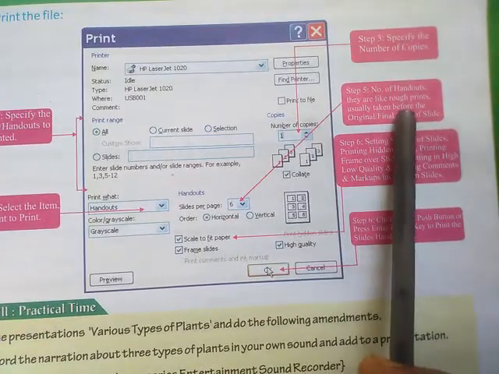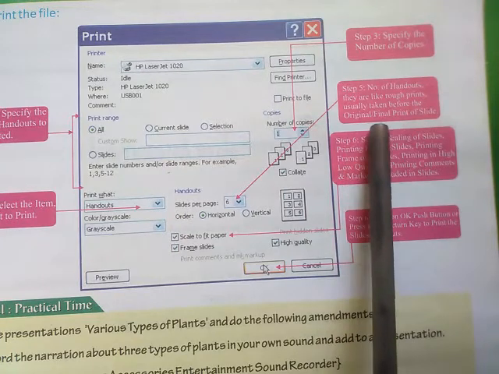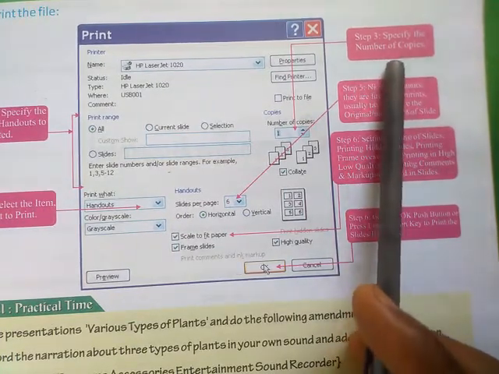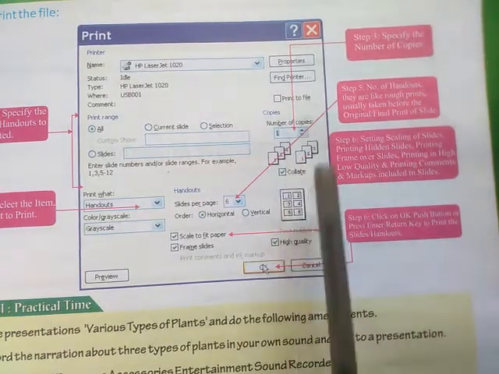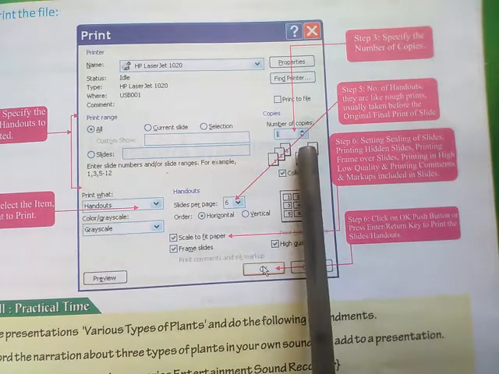They are like rough prints usually taken before the original final print of the slides. Specify the number of copies, here showing how many copies you want to print.